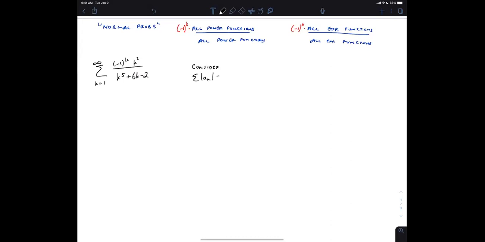So the absolute value here would be k squared over k to the 5th plus 6k minus 2. And then you're going to compare that to the biggest thing over the biggest thing. So if I have k squared over k to the 5th in this case, so the biggest term on top, biggest term on the bottom, and then you simplify that. And so you get 1 over k to the 3rd.